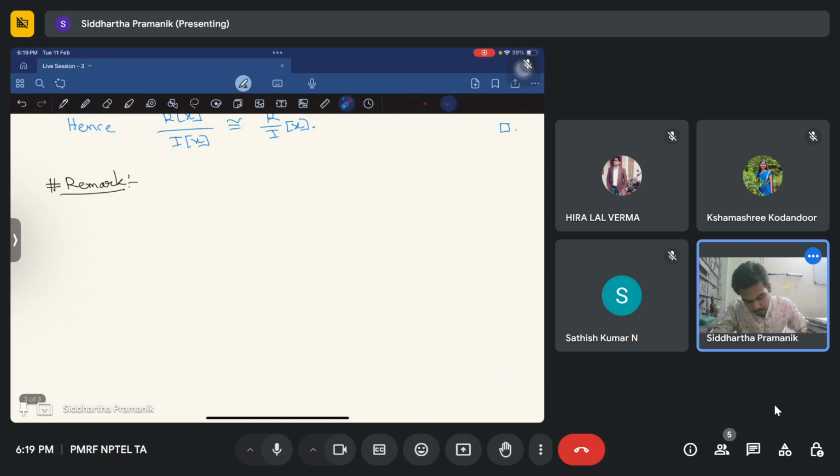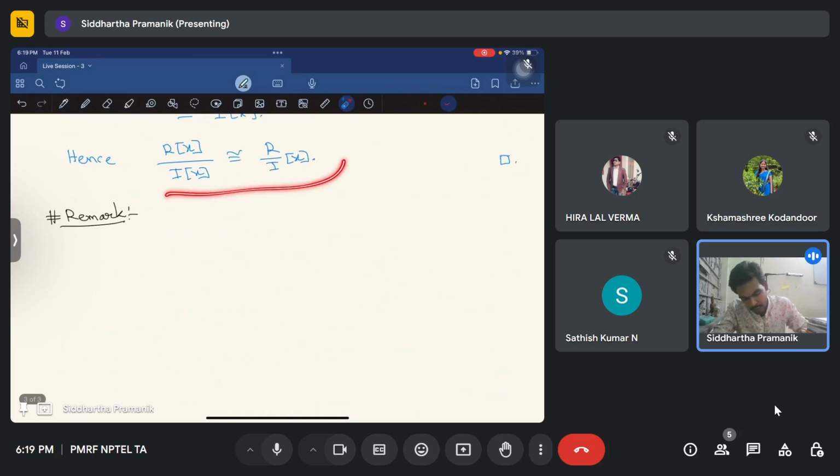Okay, so from this isomorphism, suppose I is a prime ideal of R. Then can we say I[x] is a prime ideal of R[x]?